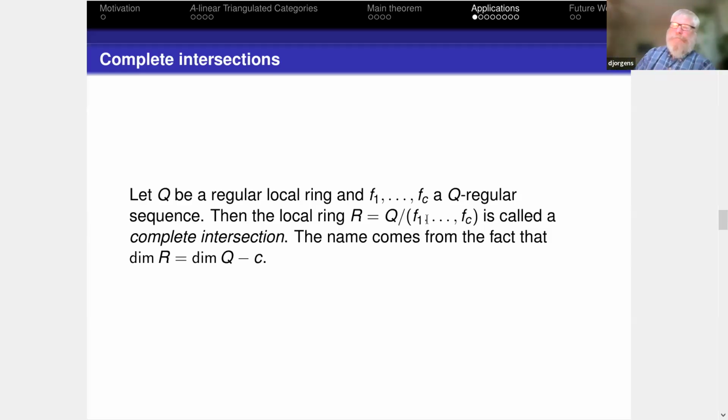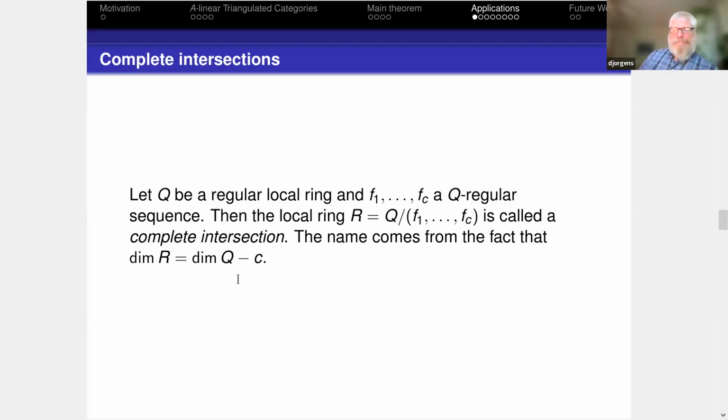And so any quotient by that regular sequence where Q is regular, that's called a complete intersection. And by the way, where does the name come from? It just comes from the fact that when this is the case, the Krull dimension of R is the Krull dimension of Q minus c. So it's a geometric term, right?